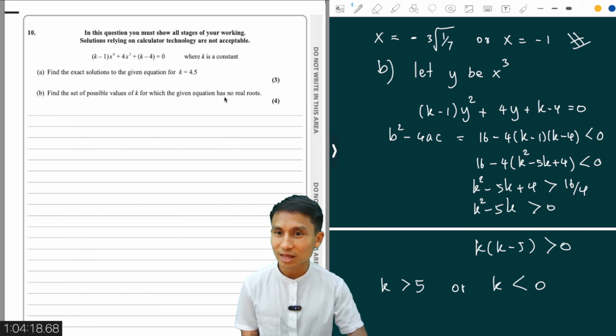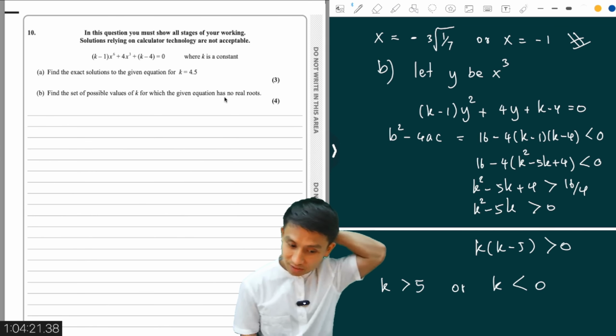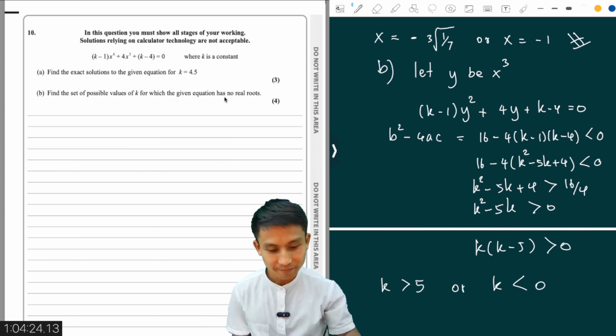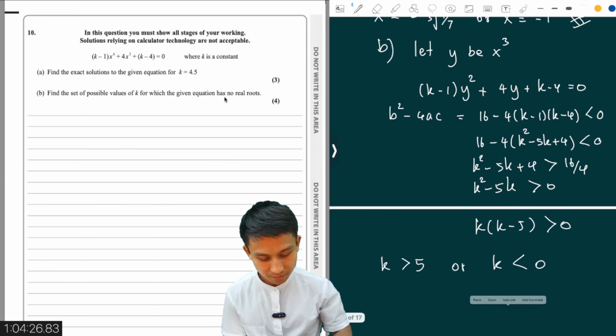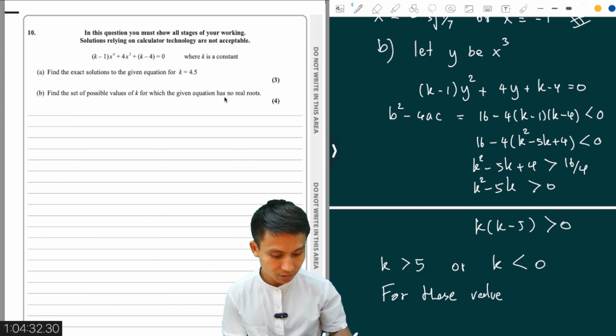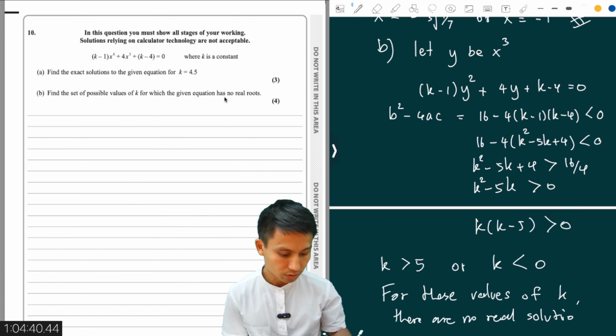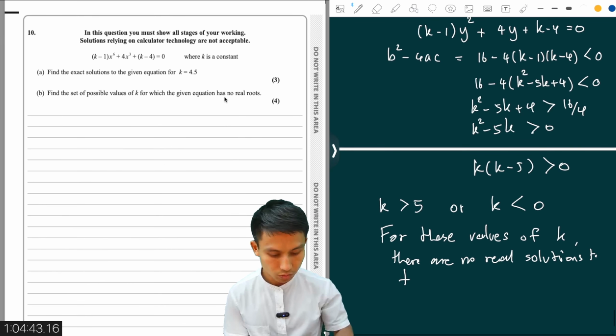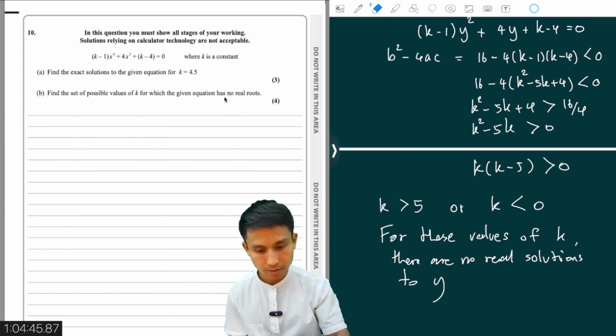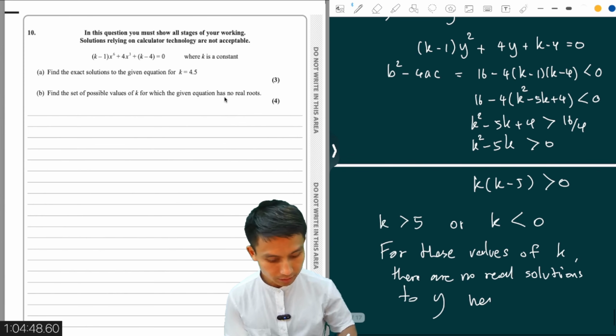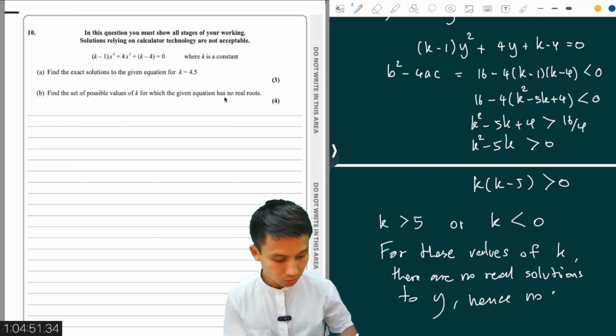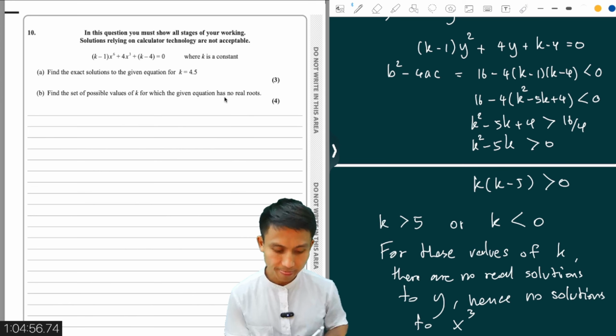Yeah, I think I'm gonna go with that, because we have a cubic here. So when there's no solution to y for these values of k, there are no real solutions to y, hence no solutions to x cubed, right?